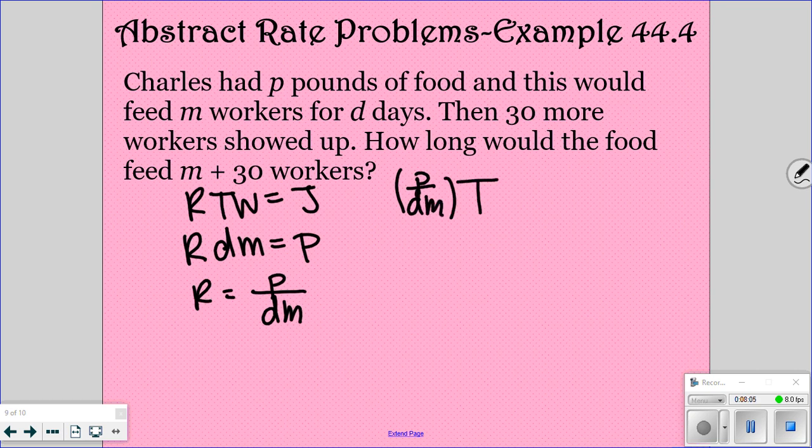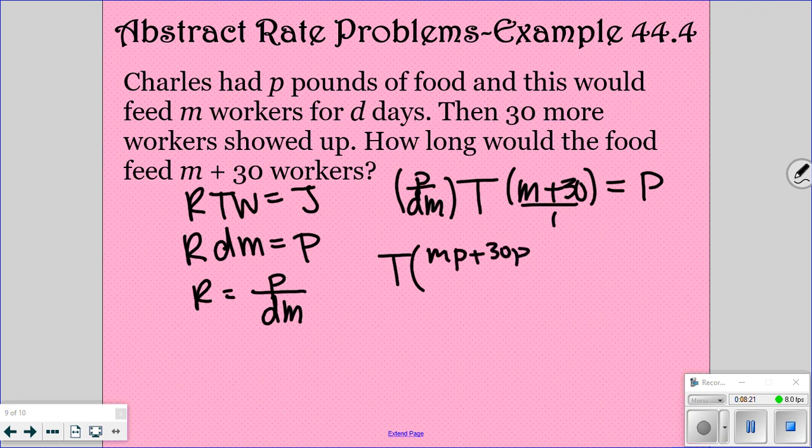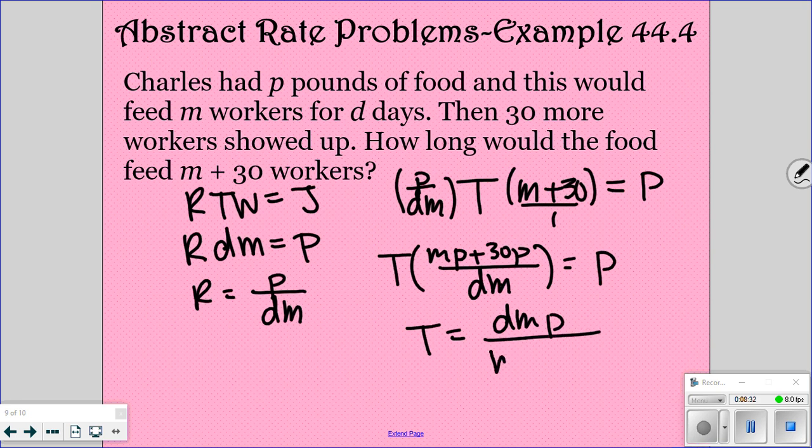So we're looking for a time to feed M plus 30 workers. So M plus 30, and the food is still P. Again, we're going to distribute. So T times MP plus 30P over DM equals P. And then if you multiply by the reciprocal, you'll get DMP over MP plus 30P.